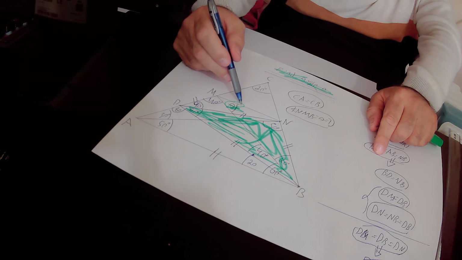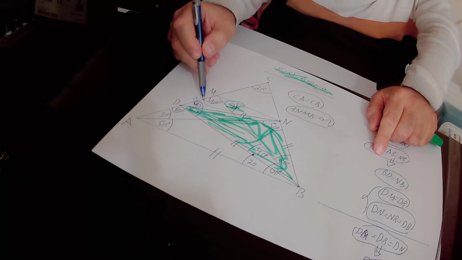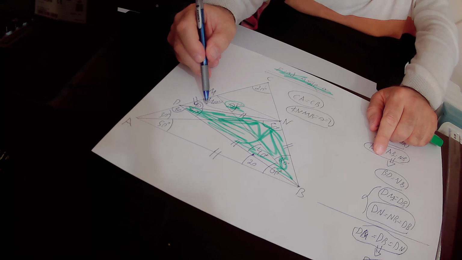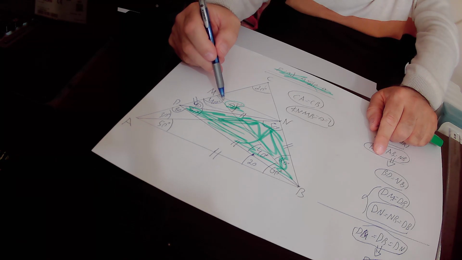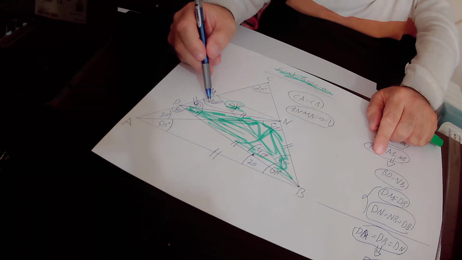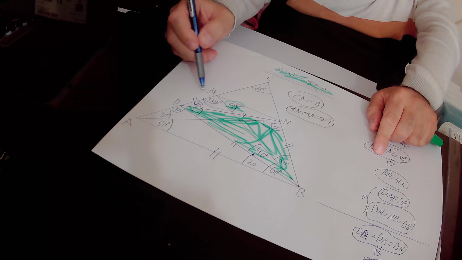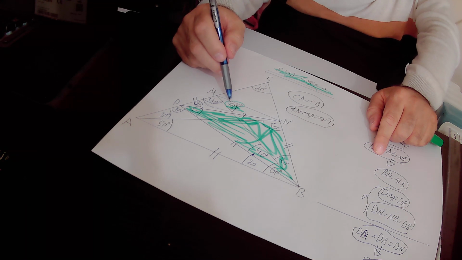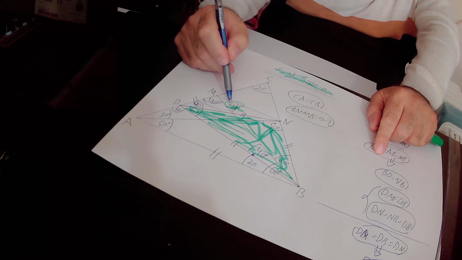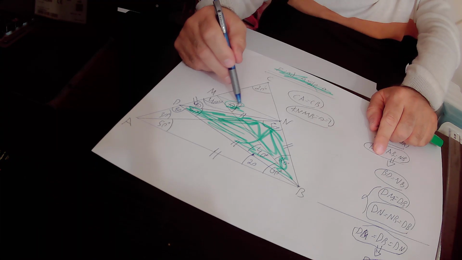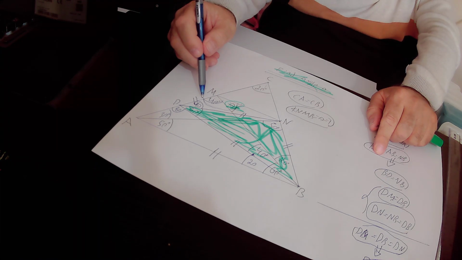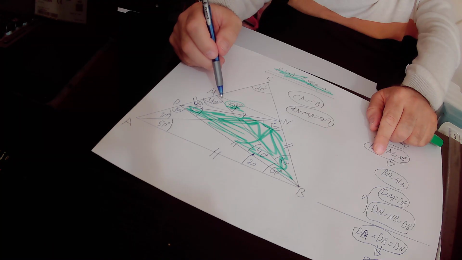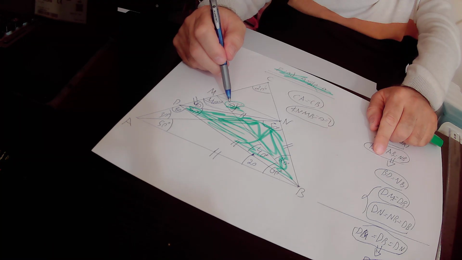So the big angle DMN, equal to 70 degrees, minus the small angle DMB, equal to 40 degrees, will give us exactly the missing angle theta, that is the angle that we are looking for. Again, the big angle DMN minus the small angle DMB must be equal to the missing angle theta.